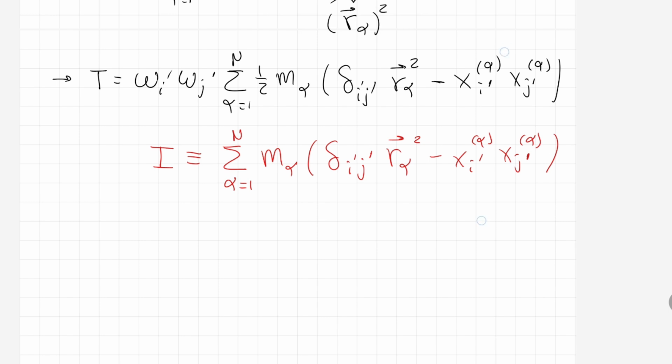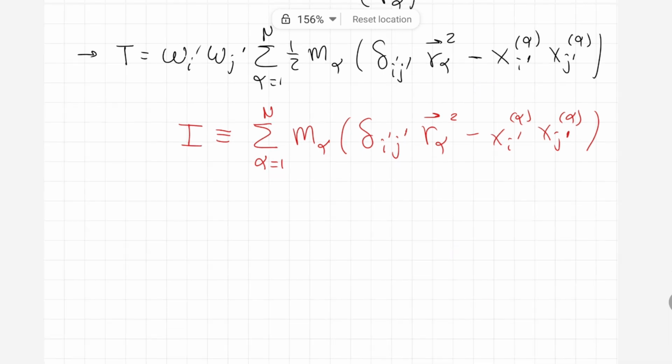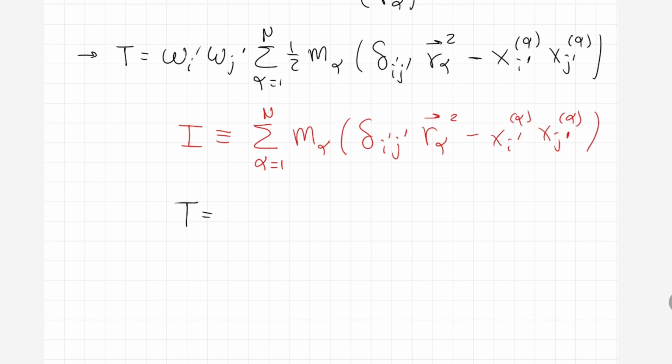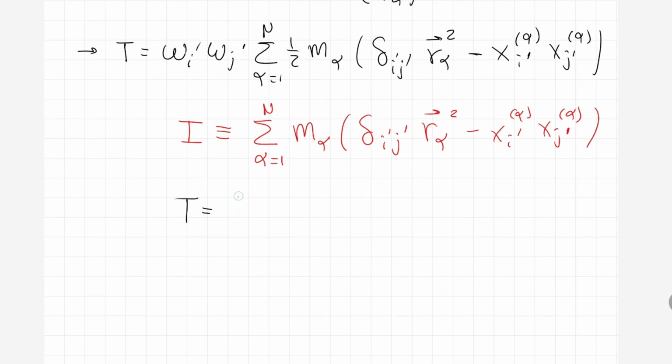Perfect. So looking that we just defined what the inertia tensor is, we can just say that the kinetic energy of the rigid body is going to be equal to 1/2 omega i omega j times I. Perfect.